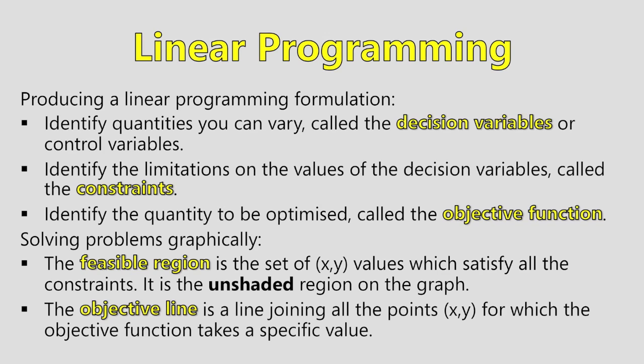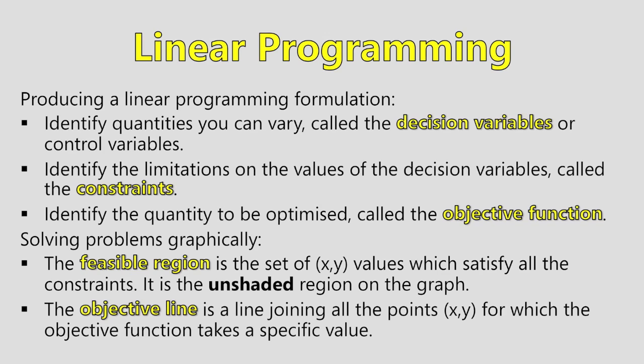By having your decision variables, constraints and objective function, you make equations or inequalities, and you plot that on the graph, shading out bits, and you're left with a little region. The unshaded region of the graph is the feasible region, where the values are satisfied by all the constraints.